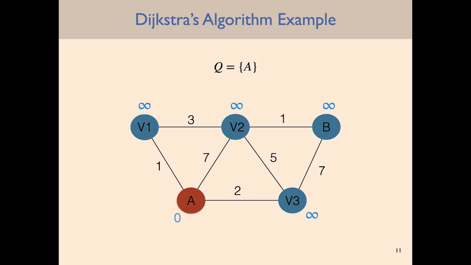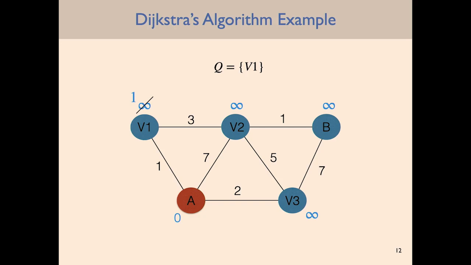Okay, so we take out the starting vertex from the Q, and we start looking at its neighbors. So it has three neighbors: V1, V2, and V3. And as we look at each neighbor, we're going to update the cost to come for each vertex. So let's look at V1. The new estimated cost to come is 0 plus 1, right?